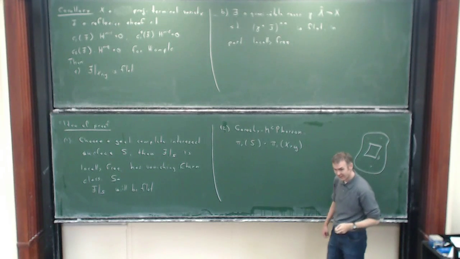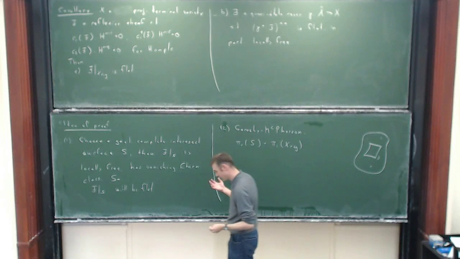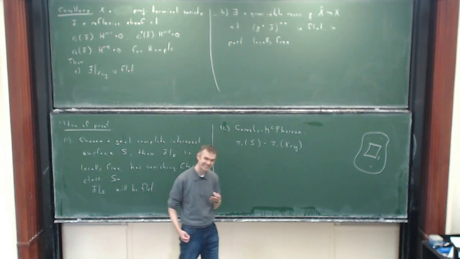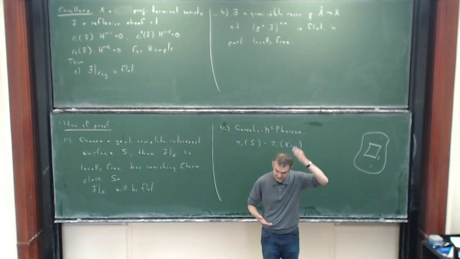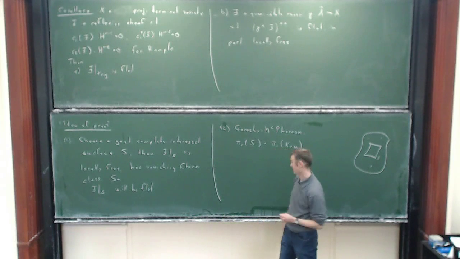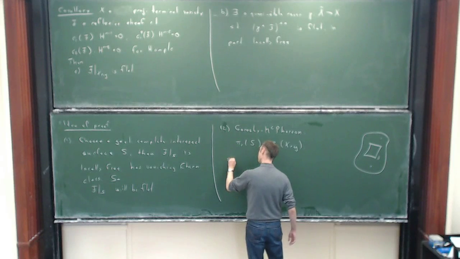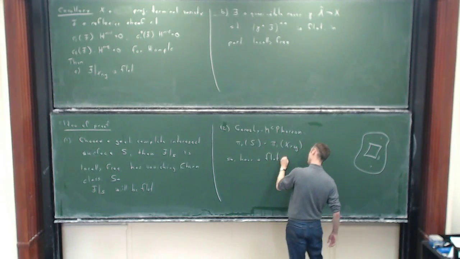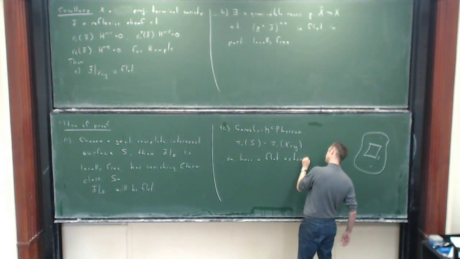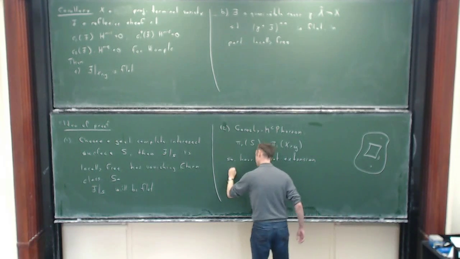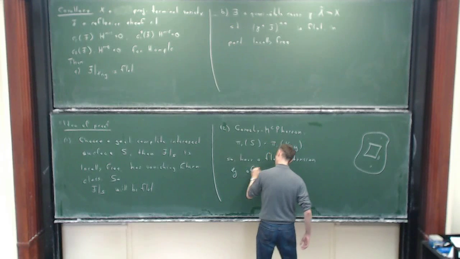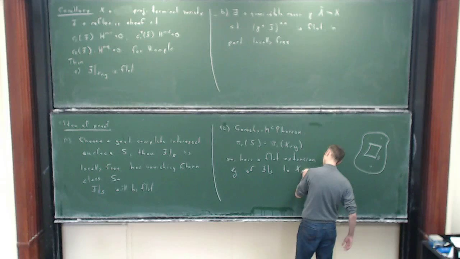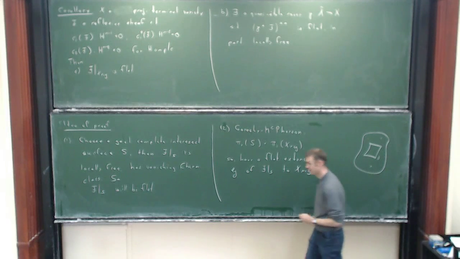So that means a flat sheaf is a representation of the fundamental group. That means that we have found an extension of F restricted to S to all of X reg. So we have a flat extension G of F restricted to S to X reg.